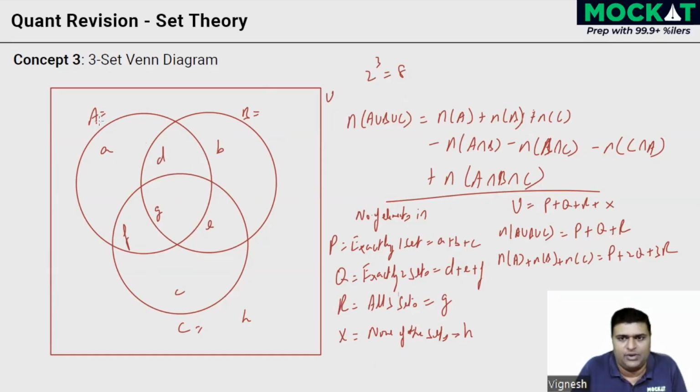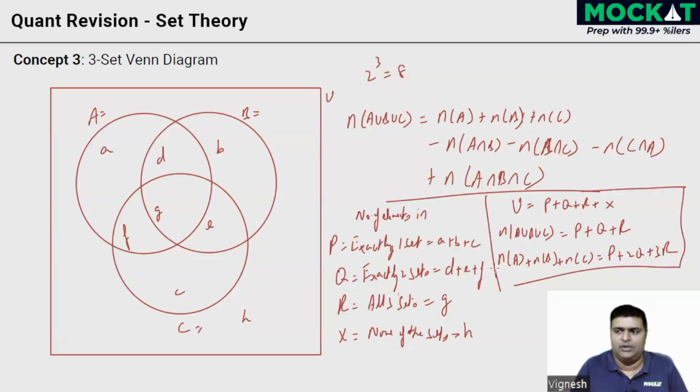Now D got added for N of A and N of B. E got added for N of B and N of C. F was for N of A and N of C. So twice. Those occurring in exactly two sets got added twice. So plus 2Q. And G was a part of all three of them. So plus 3R. Right. So these three are really important, way more important than the formula above. This is what is going to be used extensively while solving these questions.